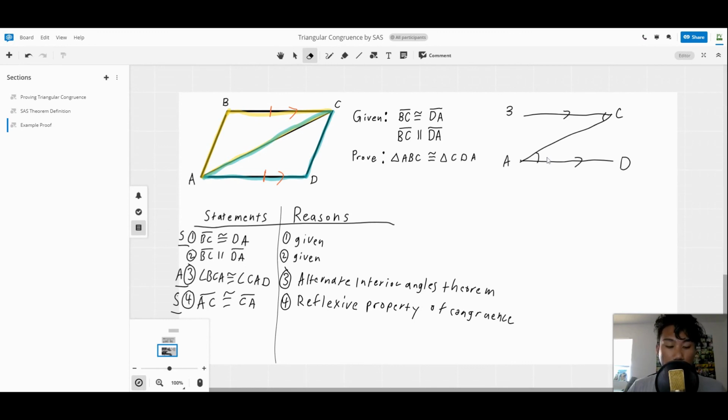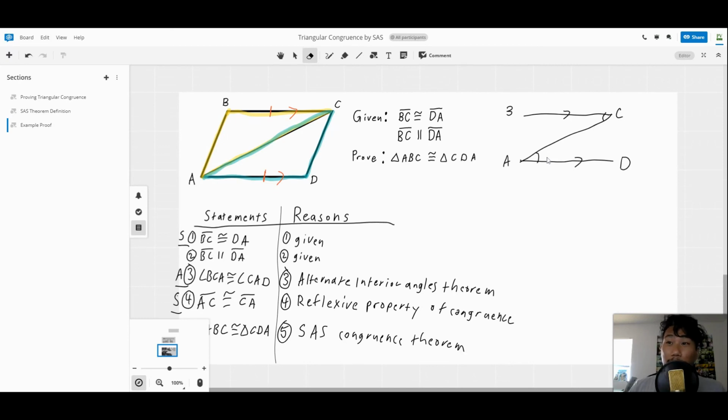Now, with all three of those combined, we can make our final statement saying that triangle ABC is congruent to triangle CDA. And the reason is because we have our SAS congruence theorem.